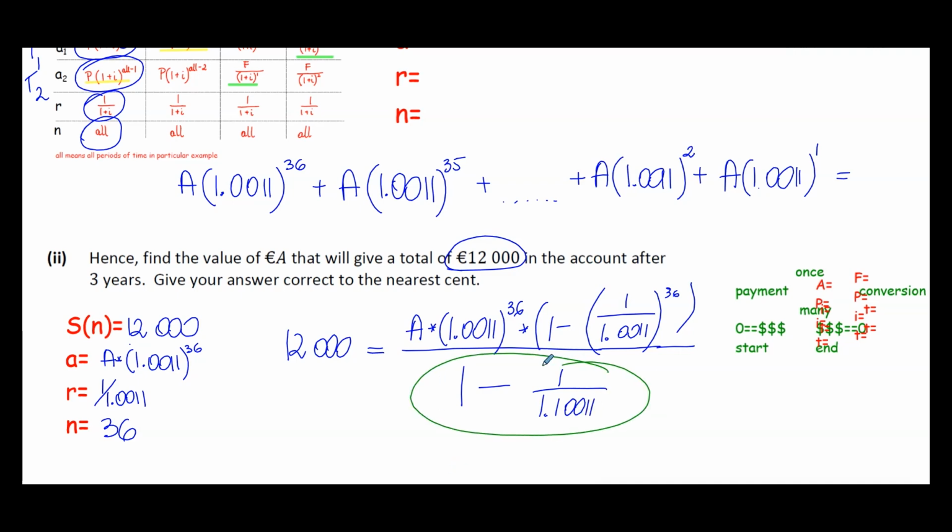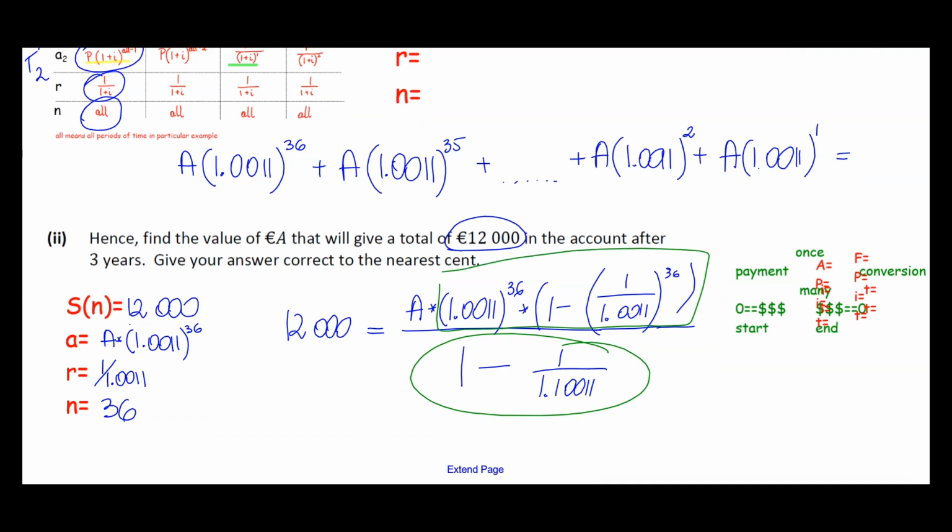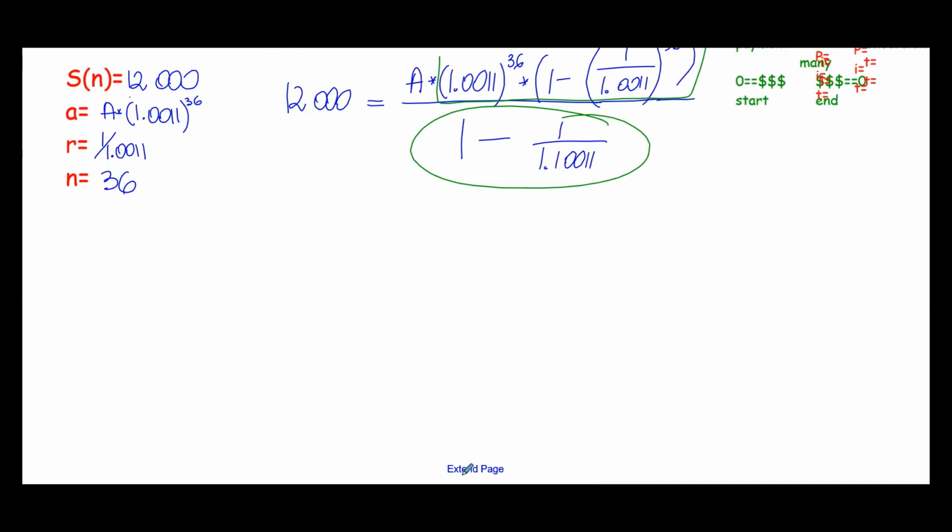So first we do what? Eliminate the bottom of the fraction by multiplying both sides. Then we are left with A multiplied by all these numbers. So to eliminate multiplication, we divide. So I multiply by the denominator here, 1 minus 1 over 1.0011. Oh, that shouldn't be reading 1, that should be 0.0011.